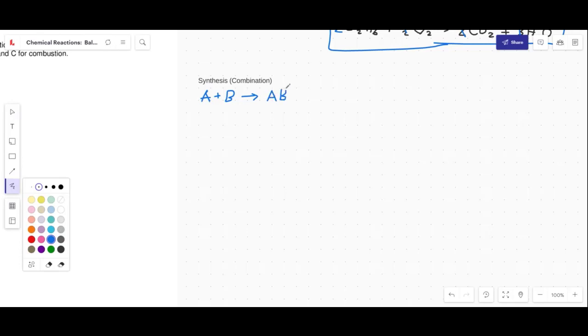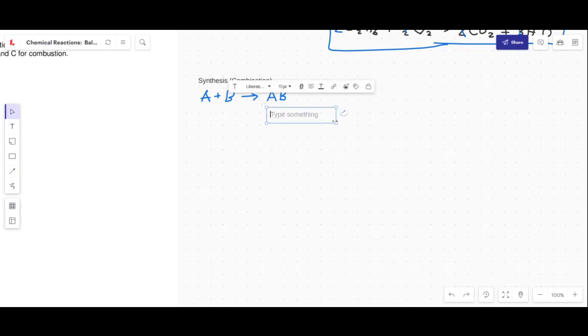So 2 elements or compounds come together to form a single product. You can always tell a synthesis reaction because there's always only one product.